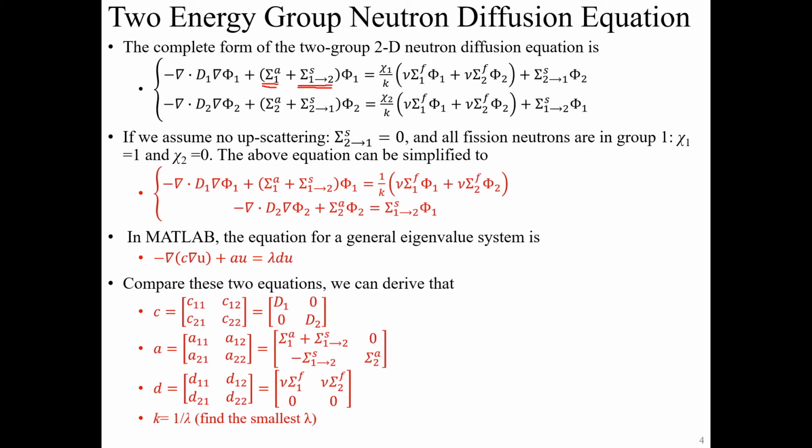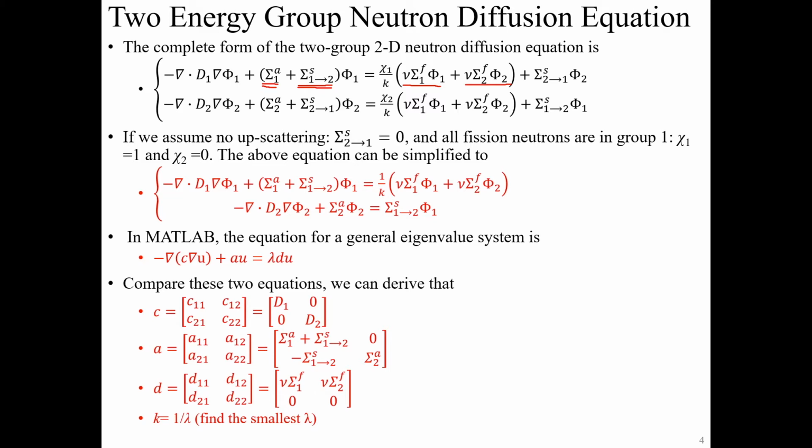On the right hand side, we'll have this fission. For this fission, we have the mu sigma f1 phi 1. So this is the fission caused by group 1 neutrons. And we also have the fission caused by group 2 neutrons. We will sum them together. On the right hand side, we also have another scattering term.